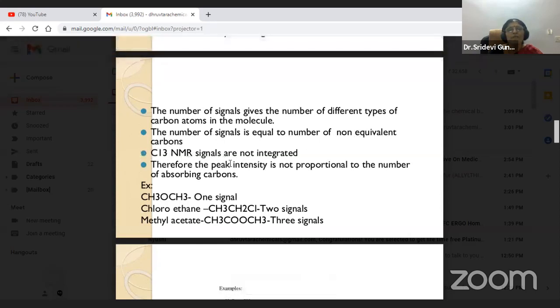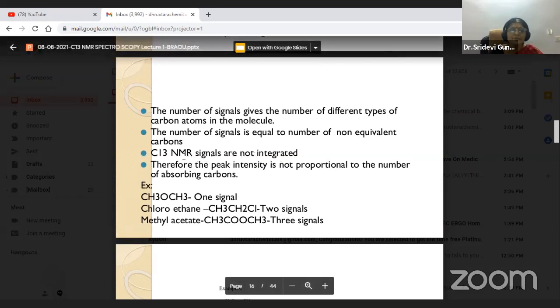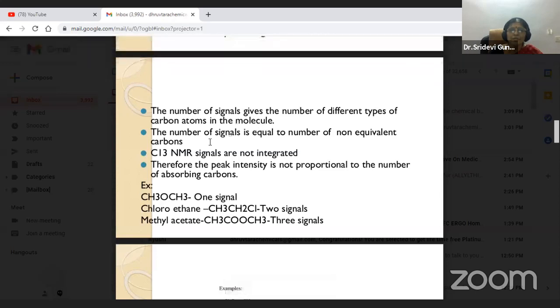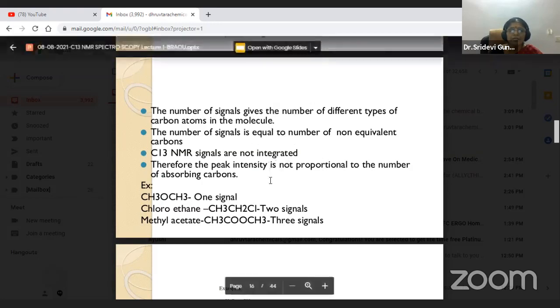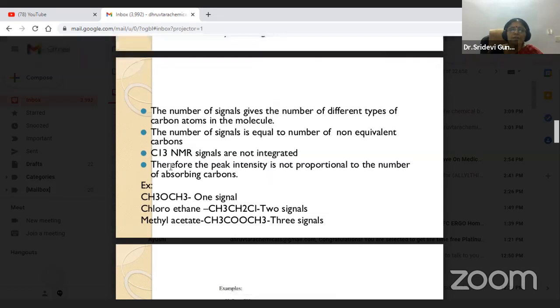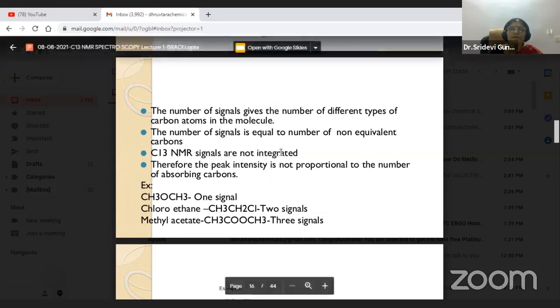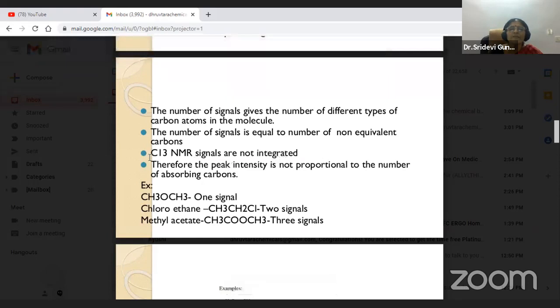And C13 NMR signals are not integrated. This is the difference between proton NMR and C13 NMR. In proton NMR, proton signals are integrated. Actually, the area under the integration is proportional to the number of hydrogens corresponding to that signal. Whereas in C13 NMR, signals are not integrated.